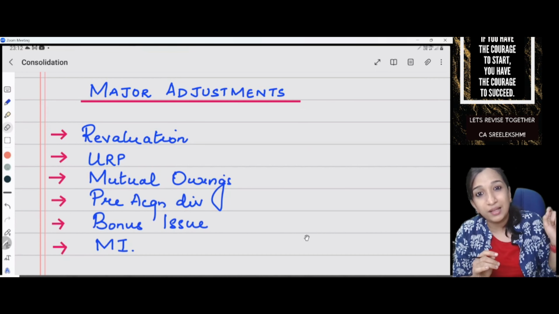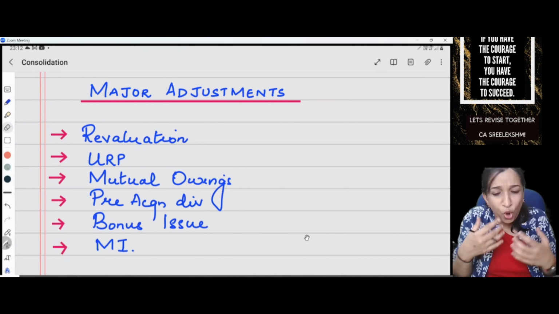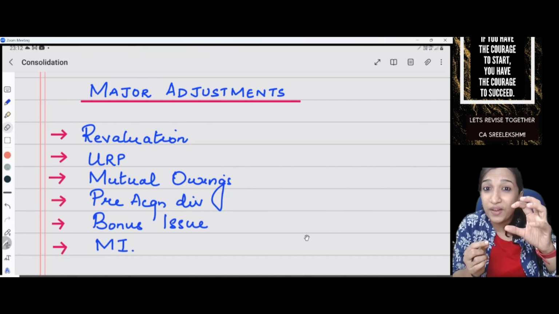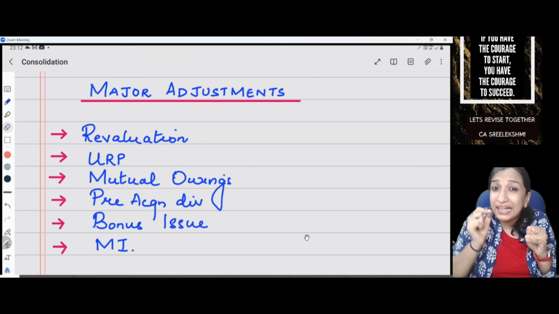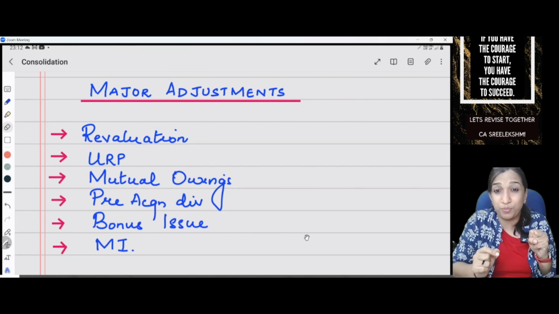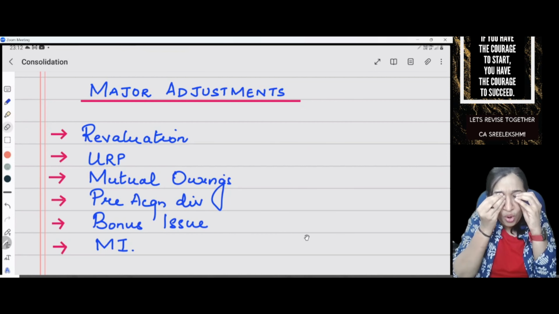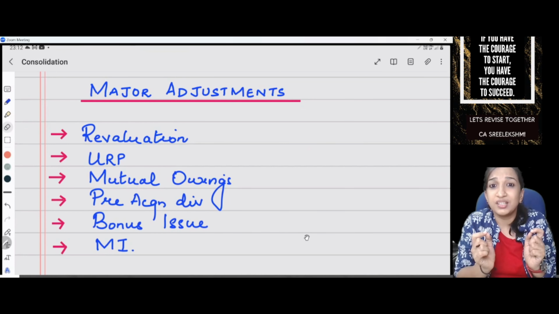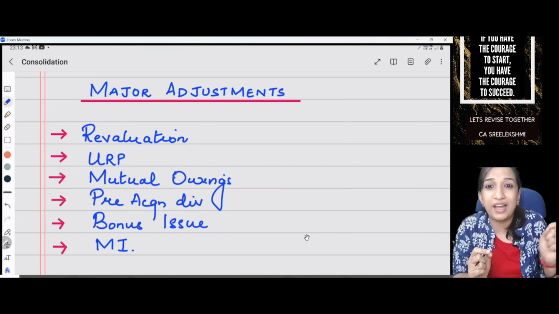So when you prepare the consolidated financial statements, the most important step in consolidation is identifying capital profits or pre-acquisition profits and identifying post-acquisition profits or revenue profits. It is the most important step. So when you identify the capital profits or pre-acquisition profits, first you compute revaluation profit or revaluation loss.